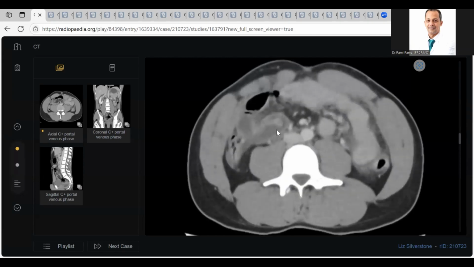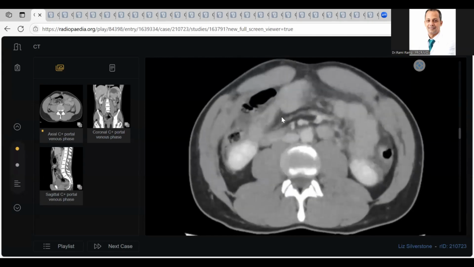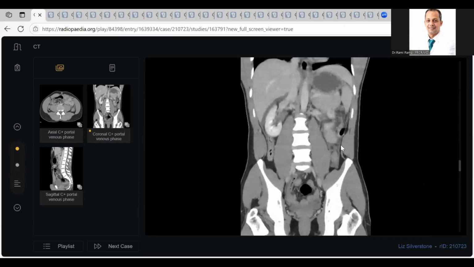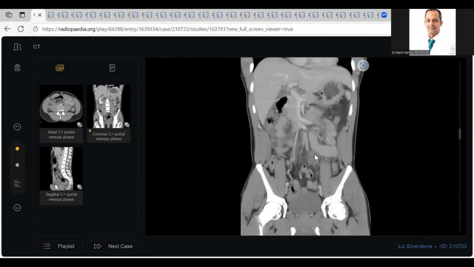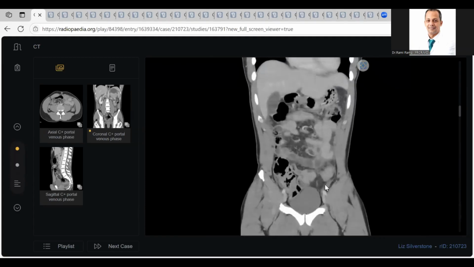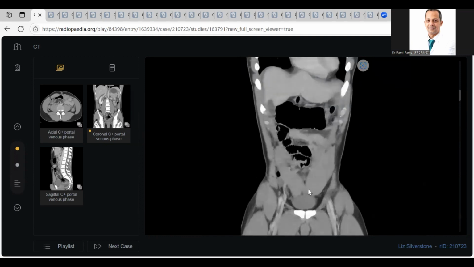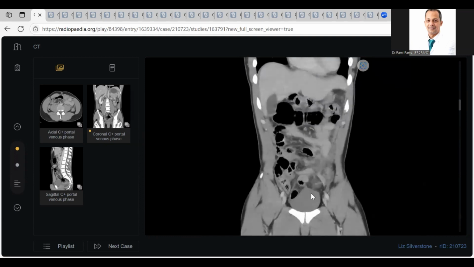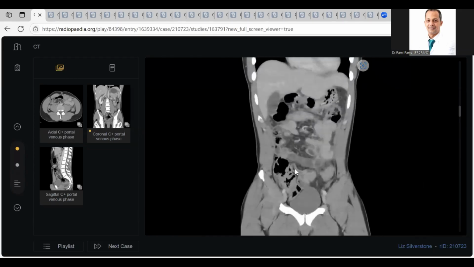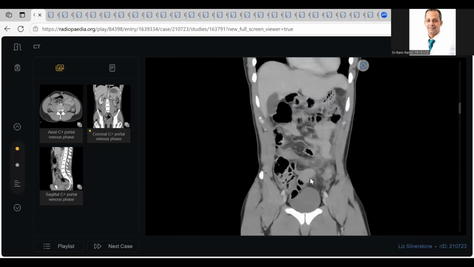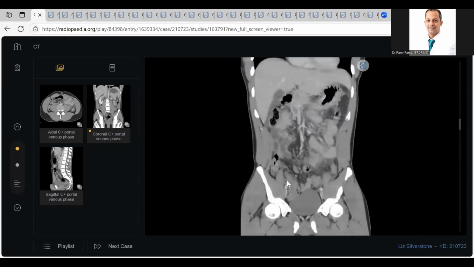Do you want any other plane? Yes, I want to see the coronal images. Here's the appendix. Oh, I think not this.